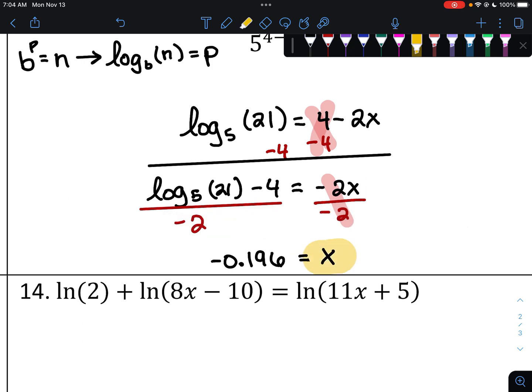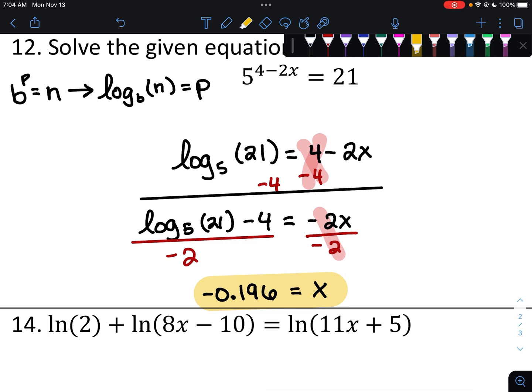Okay, so you can type that back into the original expression just to make sure. So if I type in 5 to the power of 4 minus 2 times the answer that I got in my calculator, it should work out.